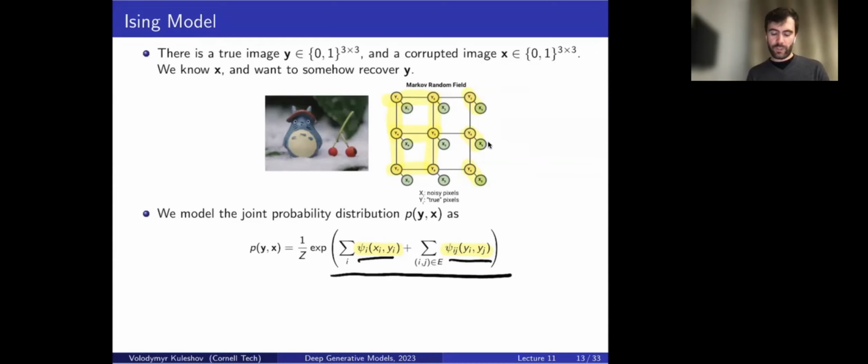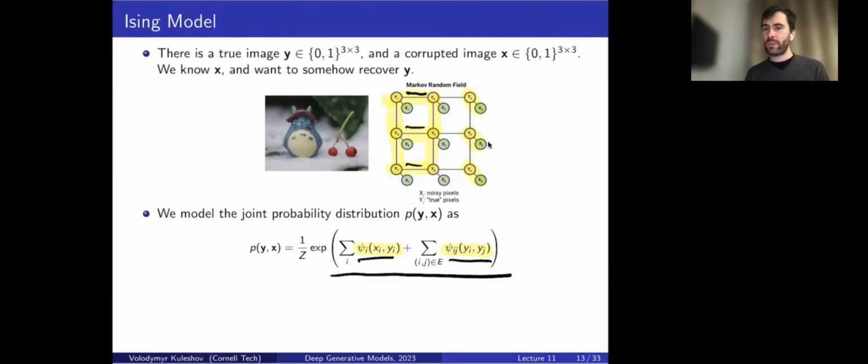And this term will be low when yi and yj are similar and high when they're different. And so as a result, y will have good low energy when it looks like x and when neighboring y's are similar to each other.